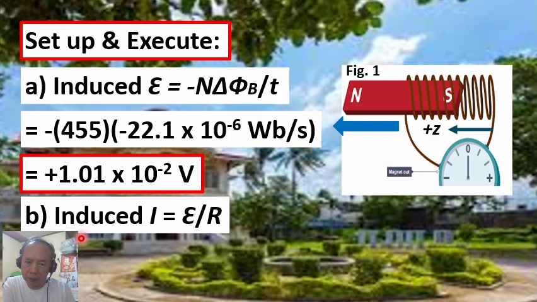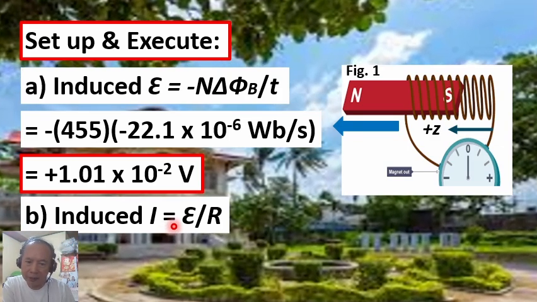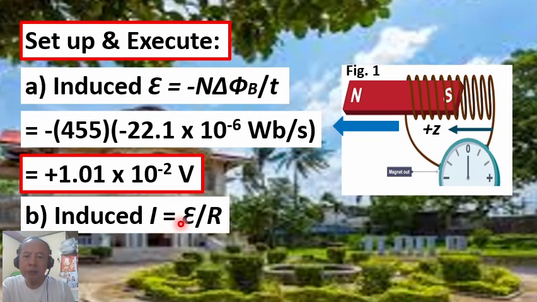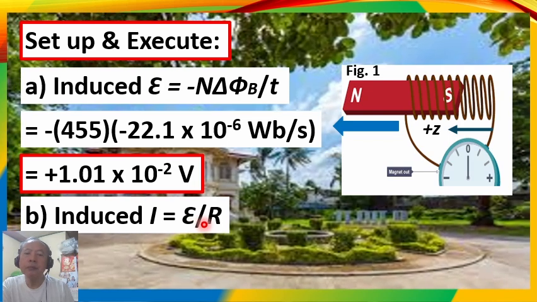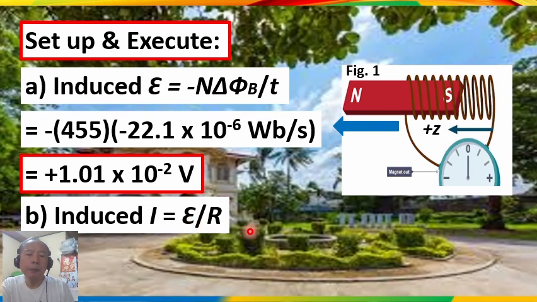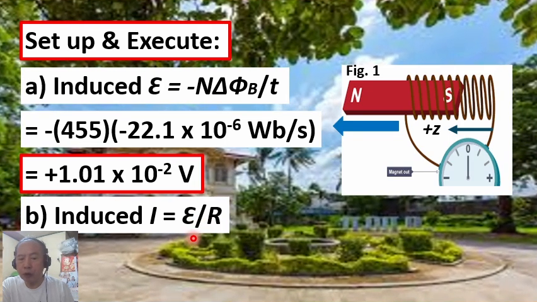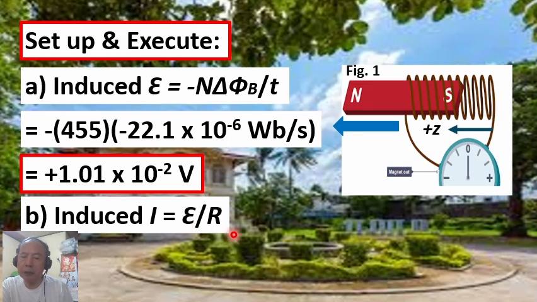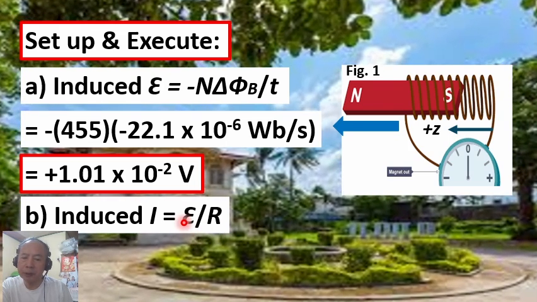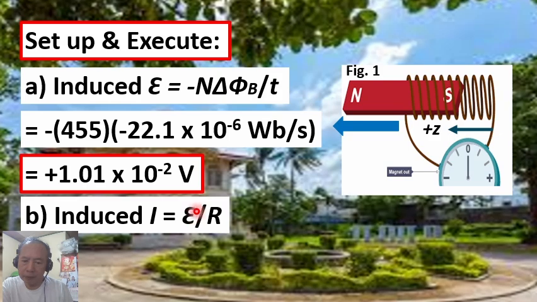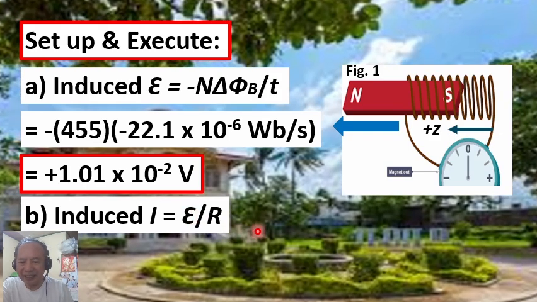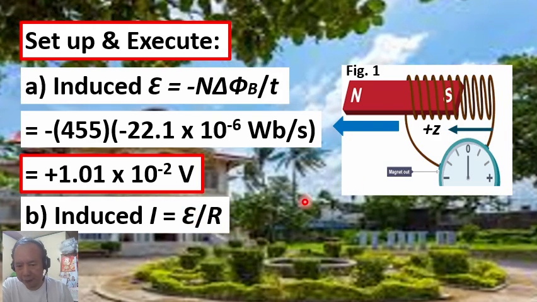This amount of induced current, capital I, as mentioned by Ohm's law, is just equal to the amount of the electromotive force, or EMF, divided by the resistance in the wire.